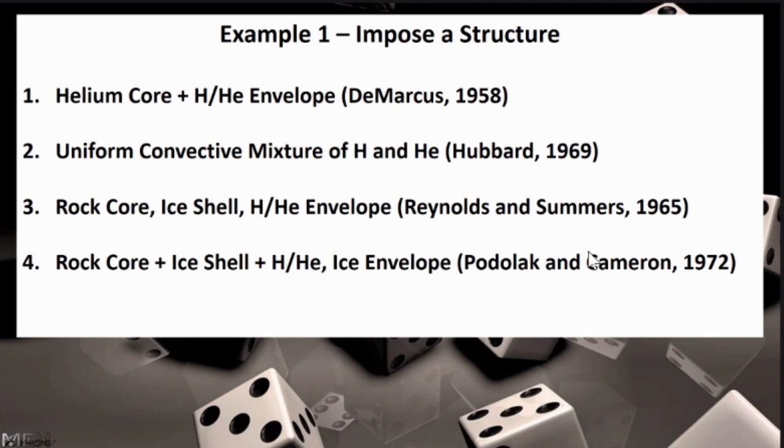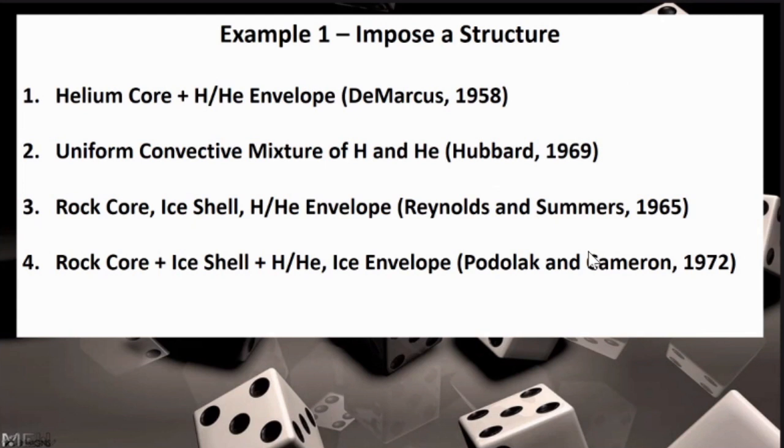Rock core, ice shell, hydrogen-helium envelope. When Reynolds was doing these models already, he was using computers. But DeMarcus and Reynolds, who did his master's with DeMarcus, both did their original work with hand calculators. So that's the contribution of the technology, and I'll tell you a little bit more about that in a second.